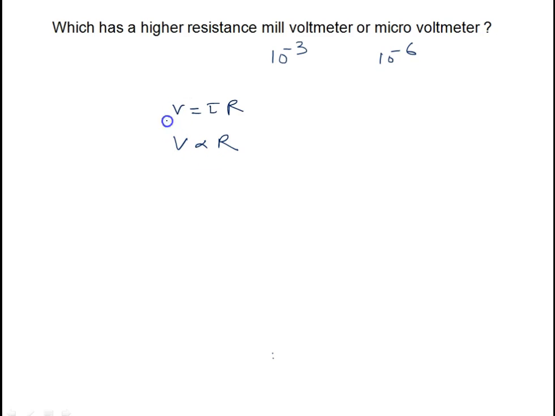Milli means V is of 10 to the power minus 3 order, micro means V is approximately 10 to the power minus 6 volt order. So this millivoltmeter always has greater resistance compared to the microvoltmeter.